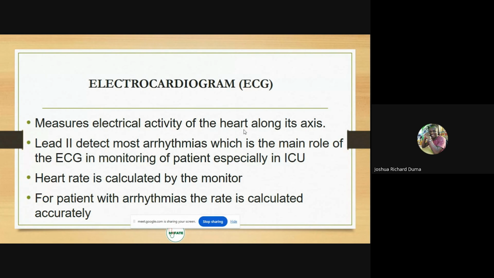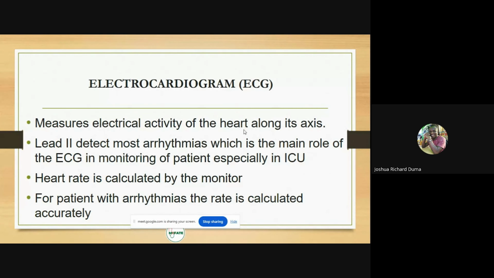So it can be ischemia or infarction, seen through the rhythm changes. It can also help to evaluate the treatment response. Let's say for example, a patient is on inotropes or on electrolyte replacement, it's easy to detect the treatment response through ECG.